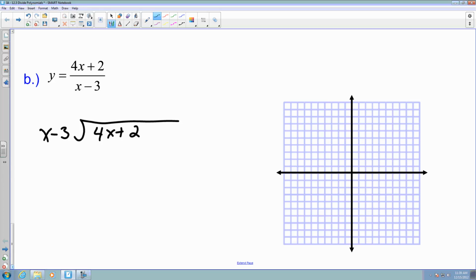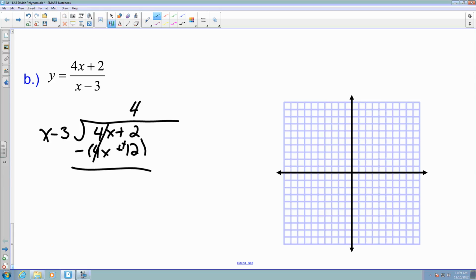And so to find a value that is going to cancel out my 4x, it'll just be 4. So if I distribute that out, it'll be 4x minus 12. And this whole thing gets subtracted. So if I distribute that negative, I have a negative 4x, and I got a negative 12 plus, plus.